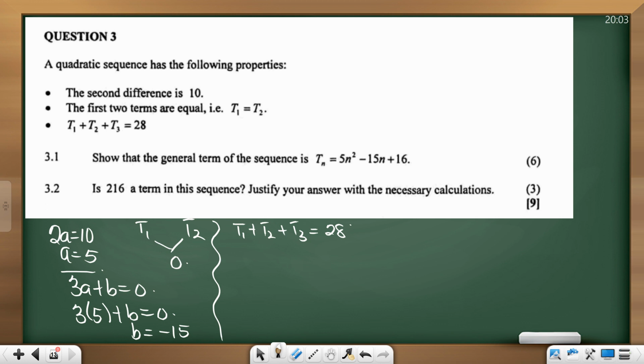We do know T1 plus T2, right? Okay. 2T1 plus T3 equals 28 minus 2.